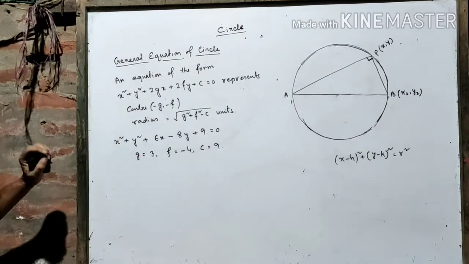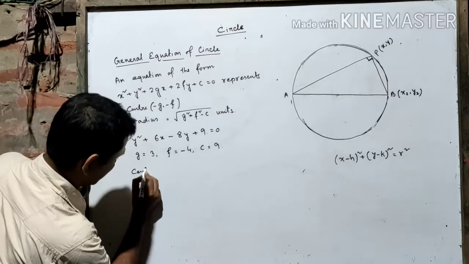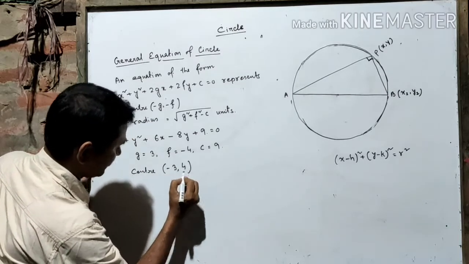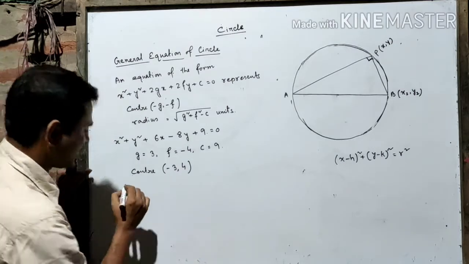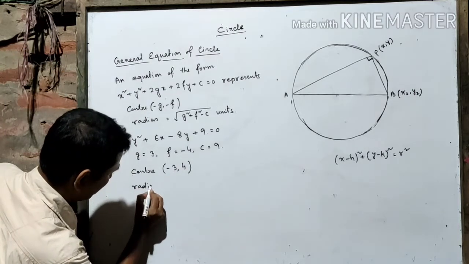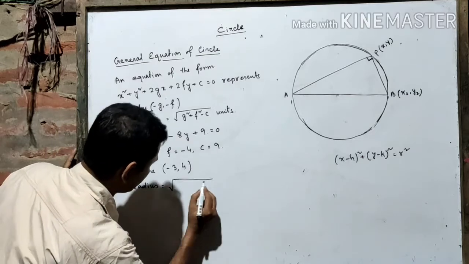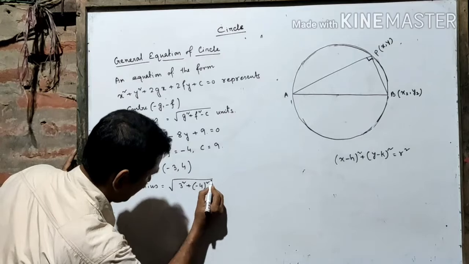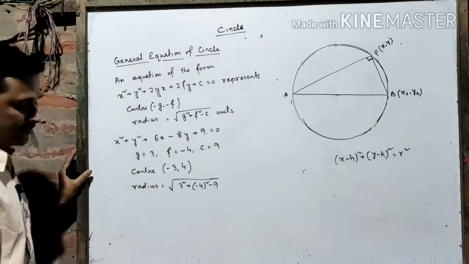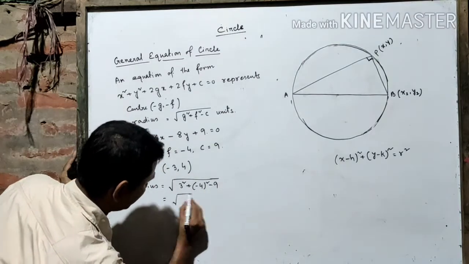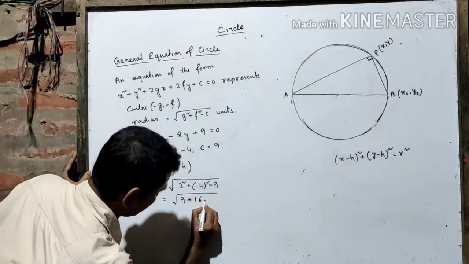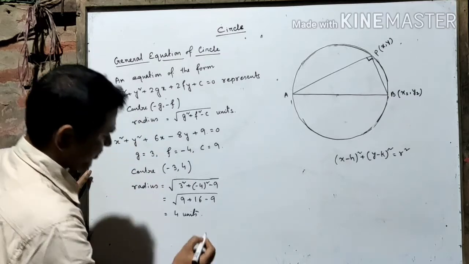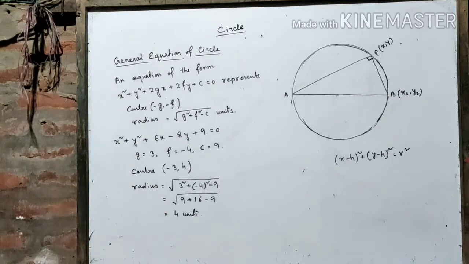So the center of the circle is (−g, −f), that is (−3, 4). And the radius is √(g² + f² − c) = √(9 + 16 − 9) = √16 = 4 units. So the radius of the circle will be 4 units.